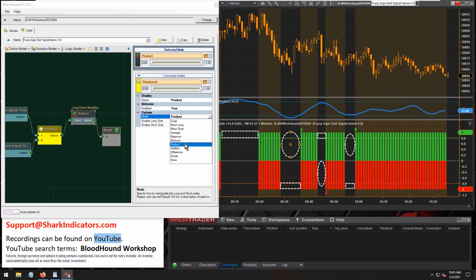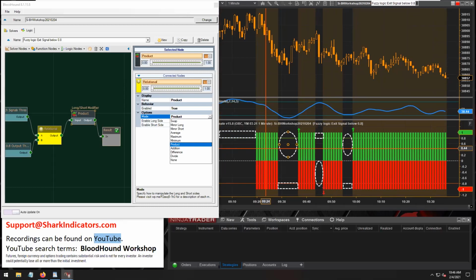So if the function requires two inputs or two variables, then it's going to be combining the long and the short output together. So like addition, it's going to add the long output to the short output. Difference, another math formula. Division. Some of these others like average, actually, the average also is taking an average of the long and short output together here.